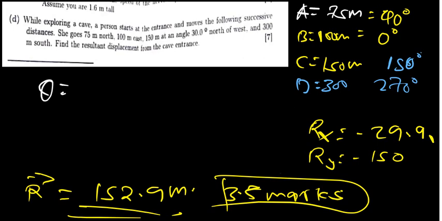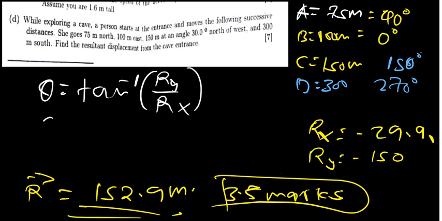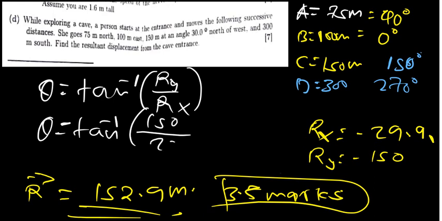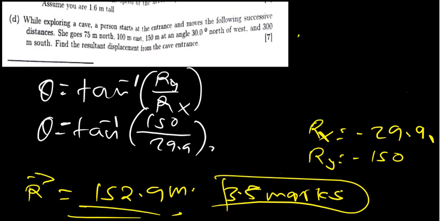In the third quadrant, what did I say? After using this formula, theta equals tan inverse of Ry over Rx, plug in the values. Ignore the negatives. So we have 150 divided by 29.9. What answer are you getting? 78.726.